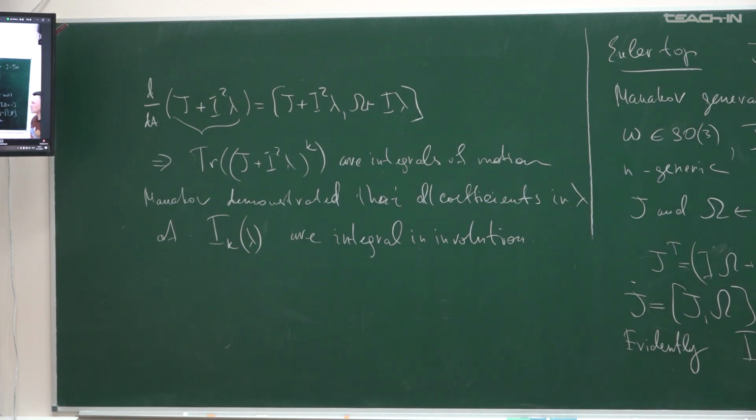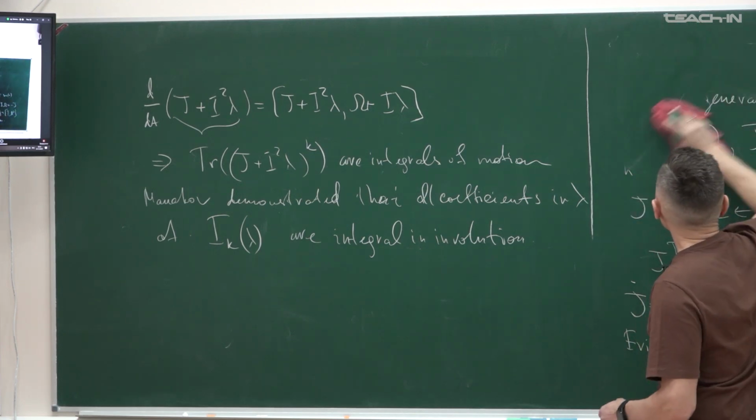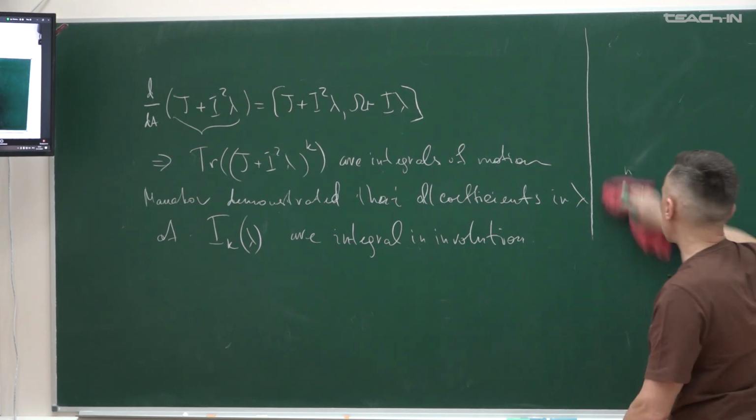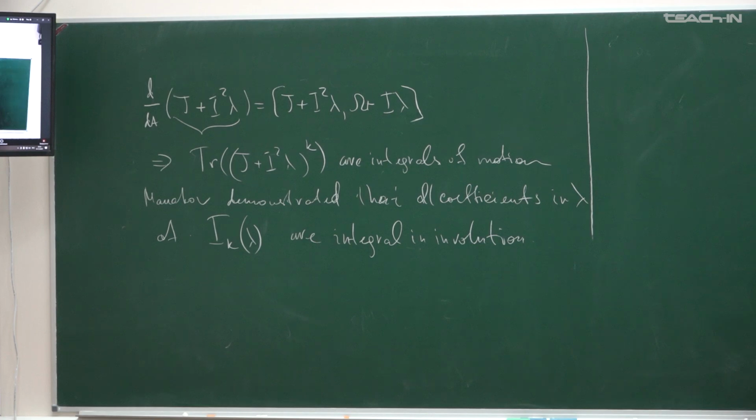So we will discuss a little bit more general application of this method, which is the argument shift method in SLN case. But starting from this work, people understood that it is good to look for some dependence on parameter, and it appears on the level of Poisson bracket and on the level of functions in involution.